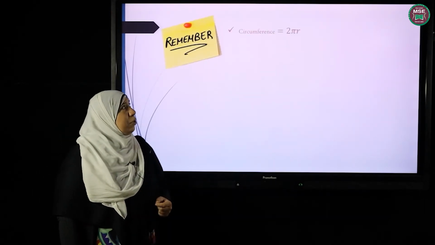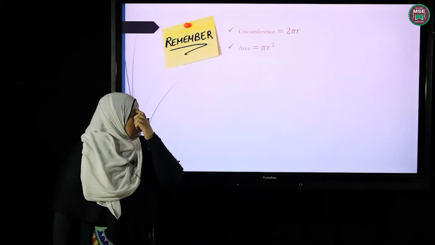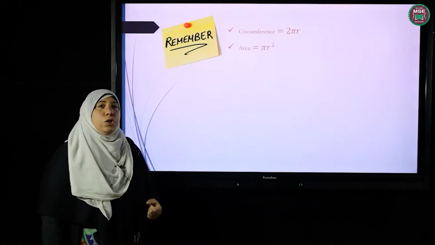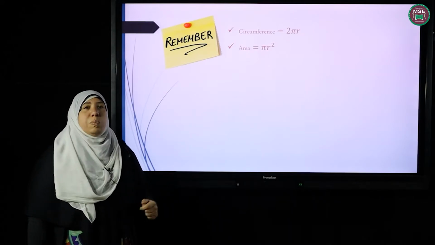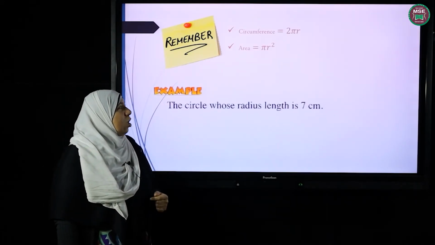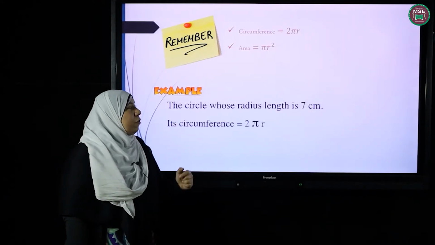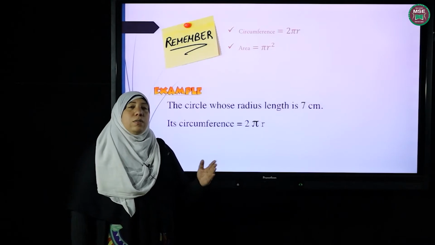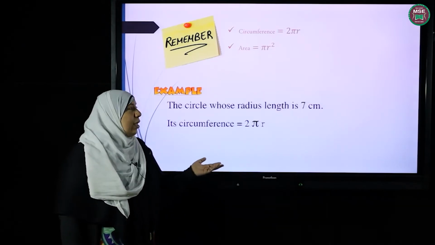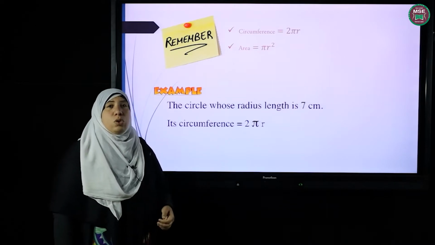You have to remember that the circumference of the circle is 2 pi r, and the area of the circle is pi r squared. You have studied all these concepts before. For example, a circle of radius length 7 centimeters. To find its circumference and area, we use the radius and pi, which is 22 over 7.